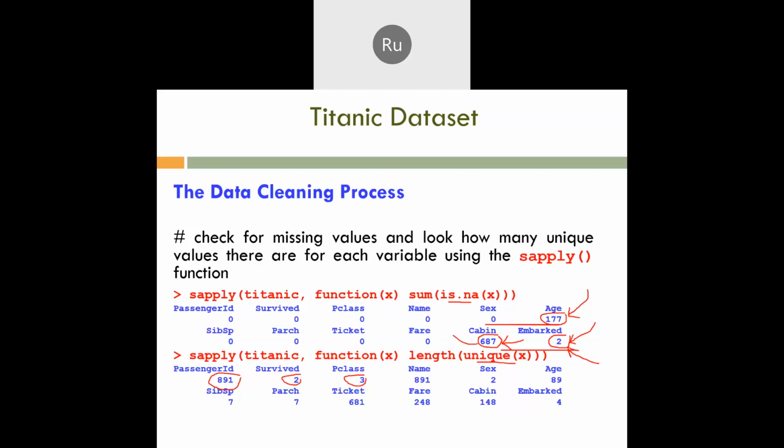And for this one, since we have too many of them, maybe we can remove this cabin from the selection of the independent variables that we have. And this one, maybe we could use the average age. Okay, so how do we do that?